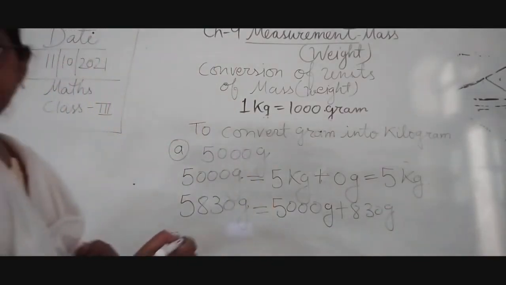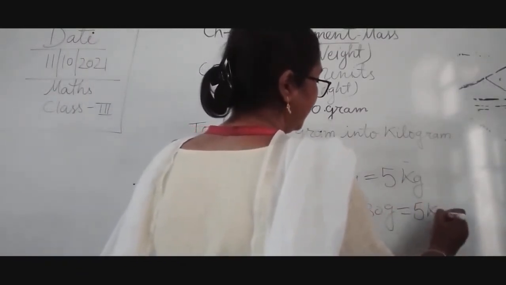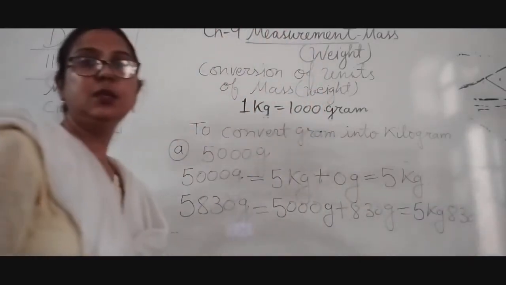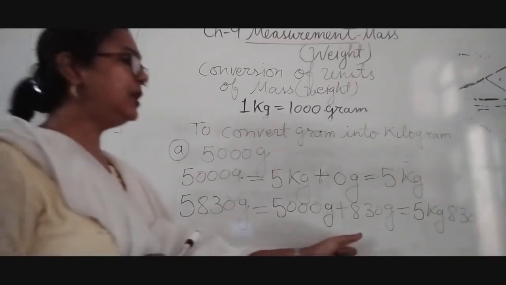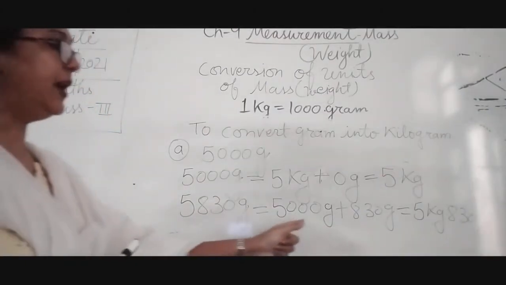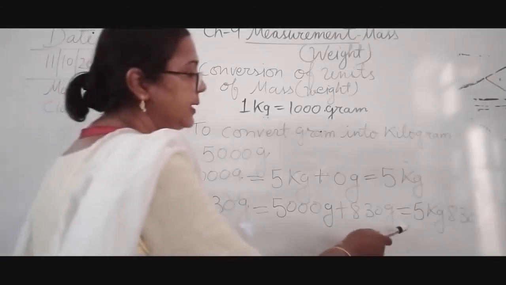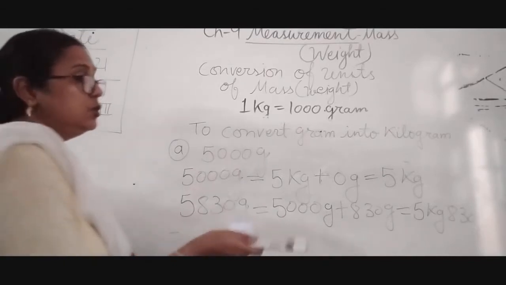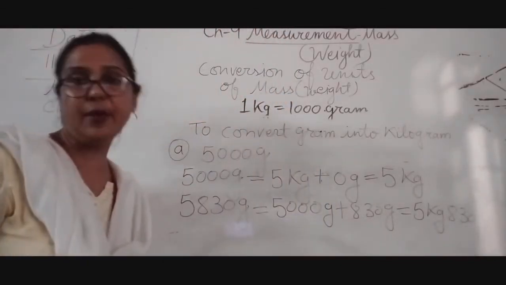Now we will get 5 kg and 830 grams. So here children you can see, because 830 grams is given over here and this is 5000 grams, when we add this, because 830 is not given in the thousands, that is why we write 5 kg and 830 grams.